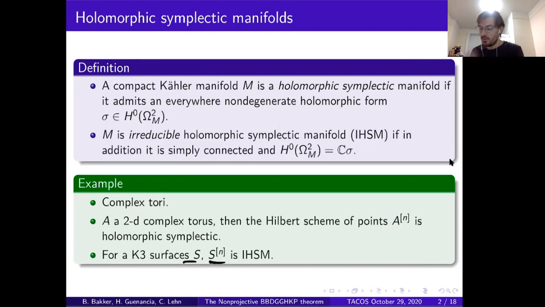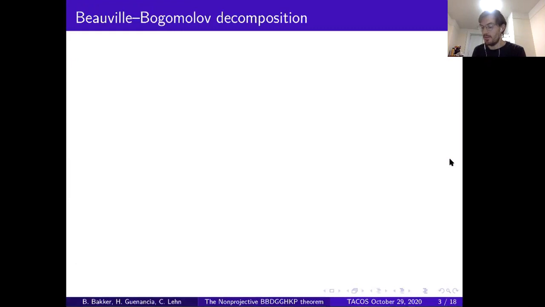Now, irreducible holomorphic symplectic manifolds are important because they form one of the three main building blocks for Calabi-Yau manifolds. And this is where the Beauville-Bogomolov decomposition theorem comes in.